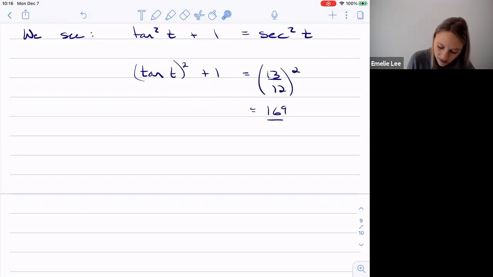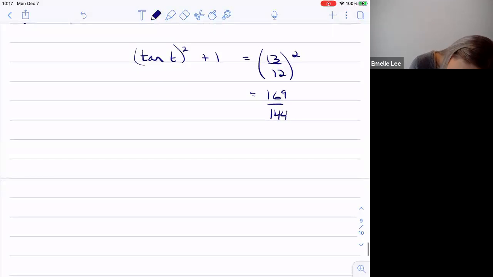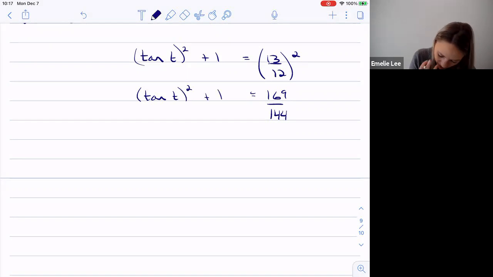Because it's a fraction, I'm allowed to bring the power onto the numerator and the denominator. So 169 over 12 squared, which is 144. It doesn't seem to simplify any further. That's okay. So tan t squared plus 1 is this. Now I'm going to subtract 1.